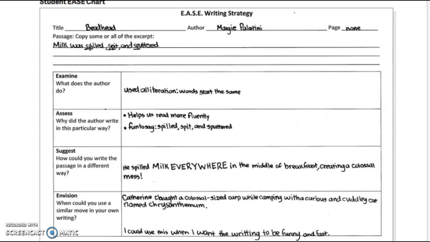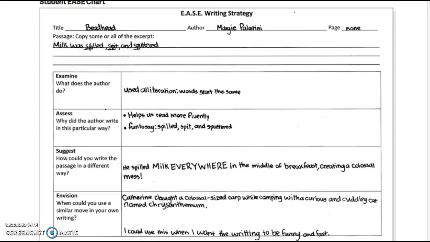And for assess, it asks, why did the author write in this particular way? And the student said, because it helps them to read more fluently, and it's fun to say, like spilled, spit, and sputtered.